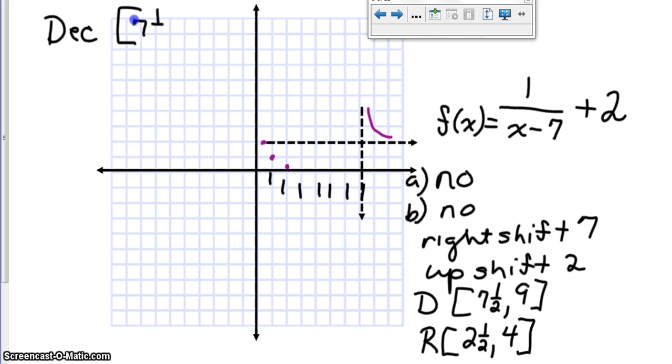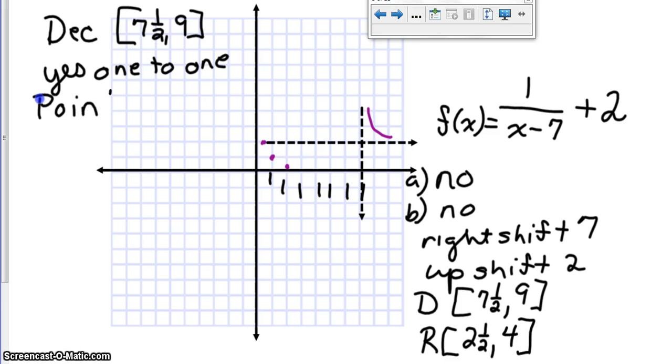That's right, so I just rewrite the domain right here. Yes, it is 1 to 1. Okay. This does have point symmetry. But because it's all the way over here, it is neither.